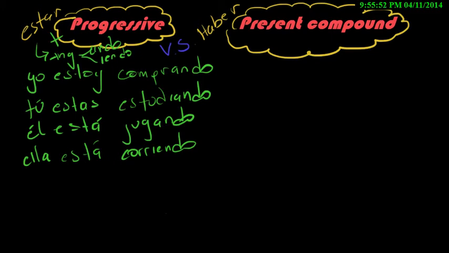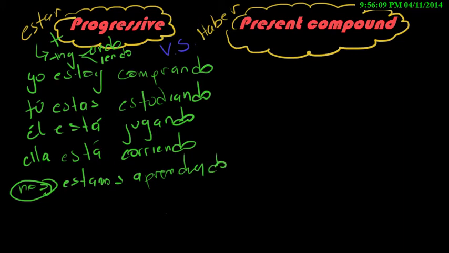We are, nosotros estamos, we are learning, nosotros estamos aprendiendo. Okay, so to form the progressive, we combine the verb estar plus ando or yendo endings.